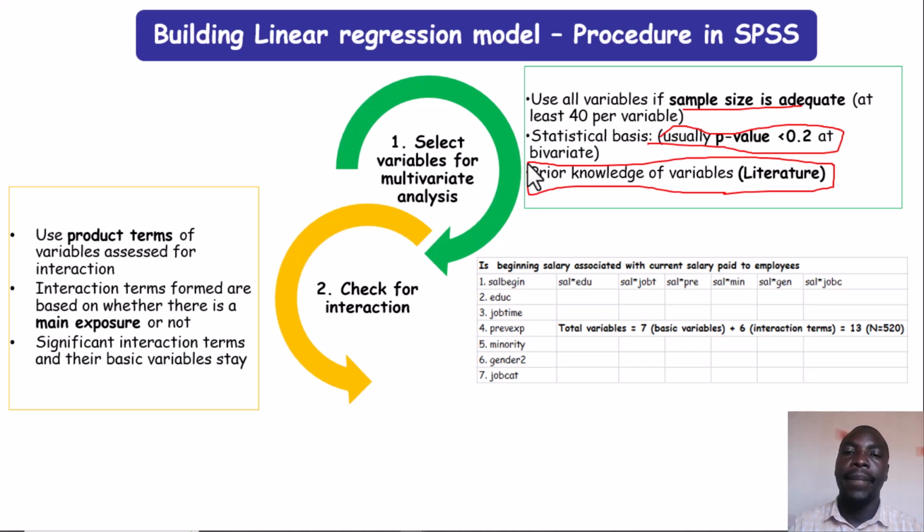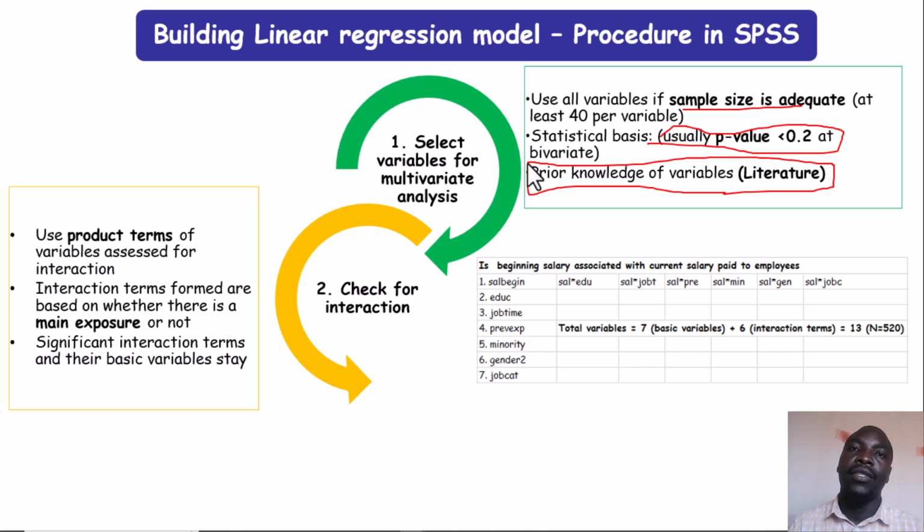The other thing to consider when selecting which variables could be based on literature. If, for example, I know that previous experience is a known factor associated with how much someone is paid currently, then I have to maintain that variable regardless of whether it is significant or not, whether I'm violating sample size requirements or not.